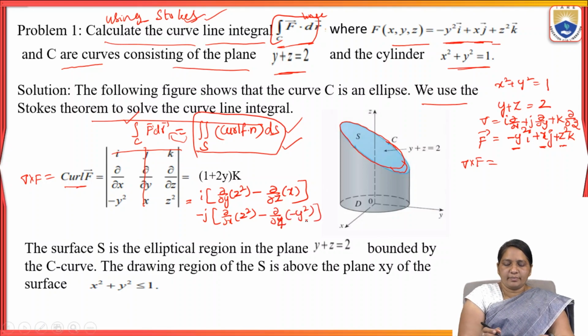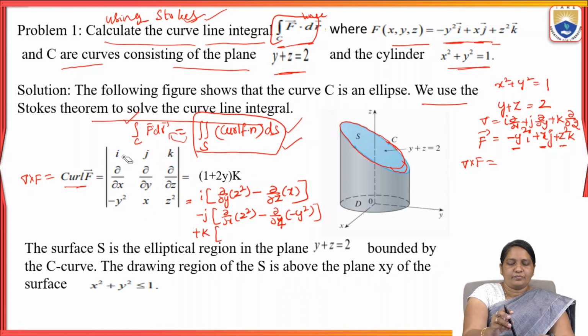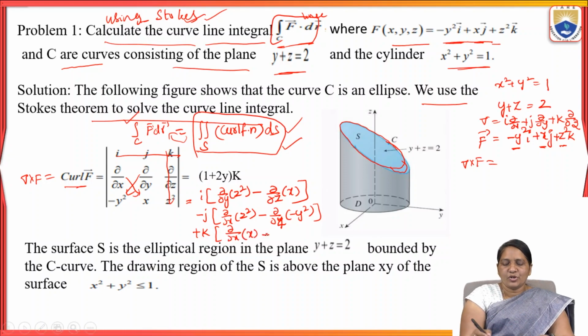This is the second term. Next, the third term, k: we do the cross product for these two. So del by del x of x minus del by del y of minus y squared.